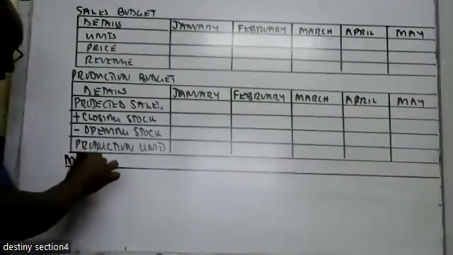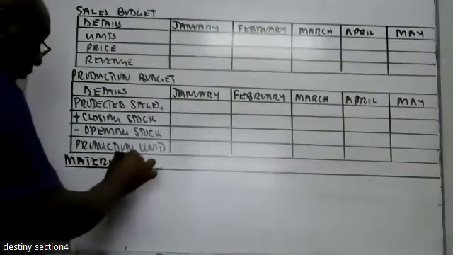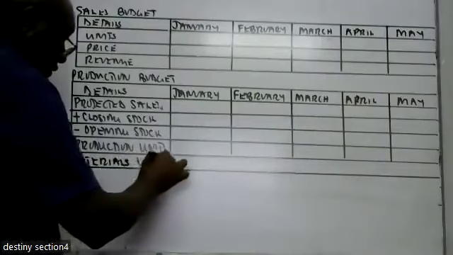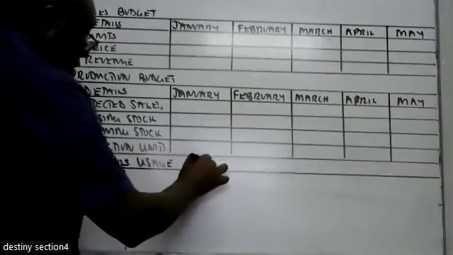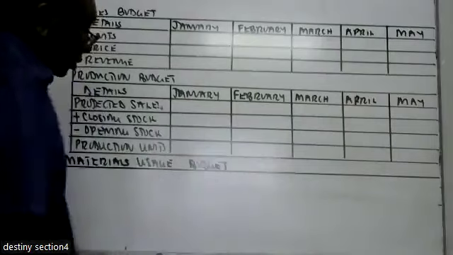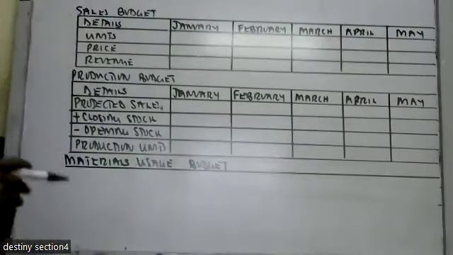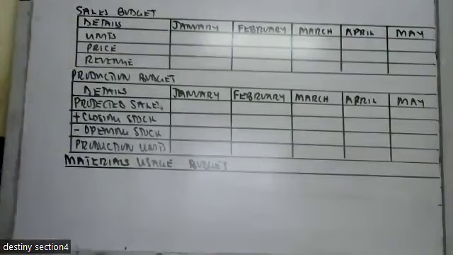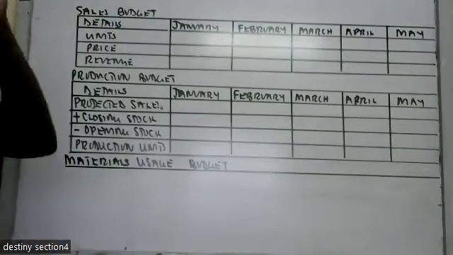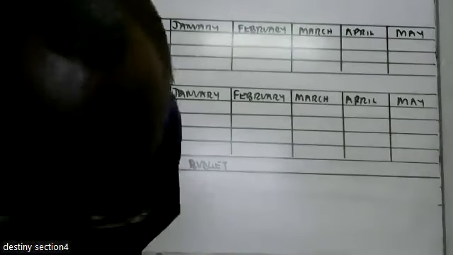So materials usage budget. So this one, we will not afford to show the workings because they are, how many materials? Just one.